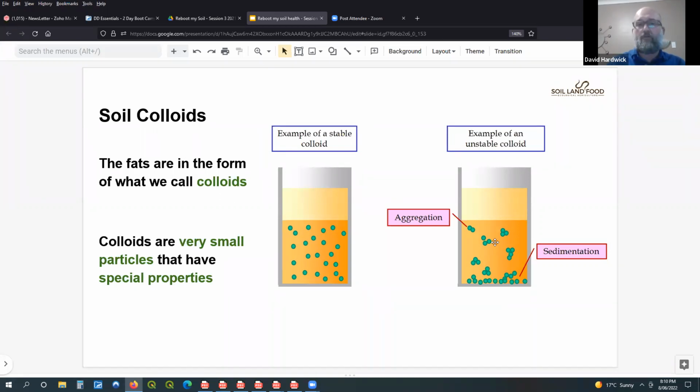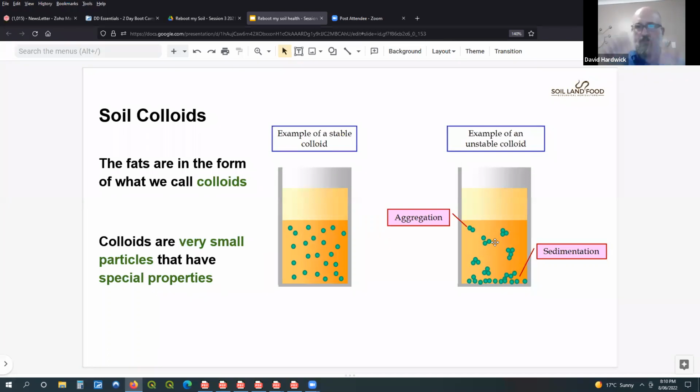Now the thing about fat in water is that they're colloids. And a colloid is a really, really small particle. The other special thing about a colloid is not just that it's small, like talcum powder fine, or clay, but the second thing about it is it has a charge. It has an electrostatic charge on the surface.